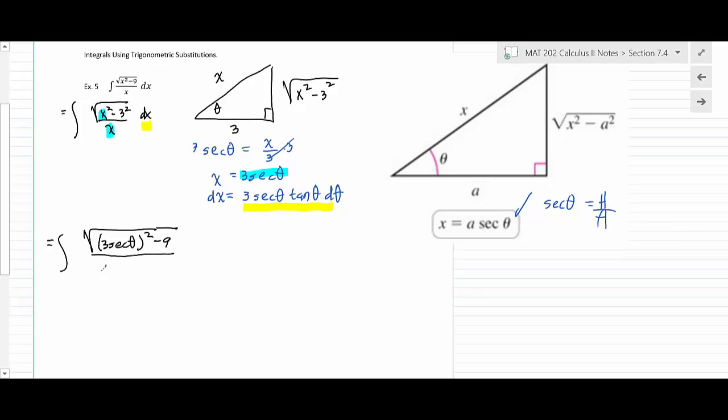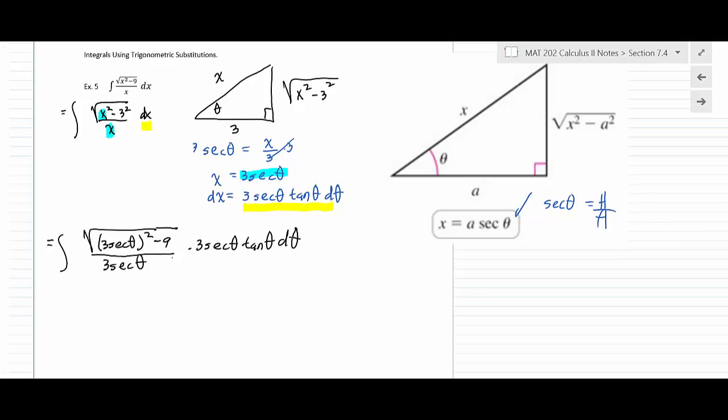Again, x is 3 secant theta. Now dx, you want to replace that with 3 secant theta times tangent theta times d theta. Does that substitution look okay to everybody?